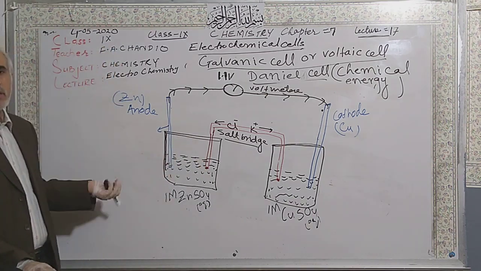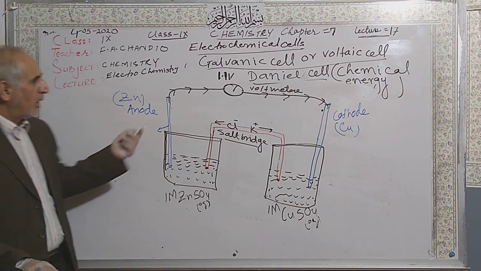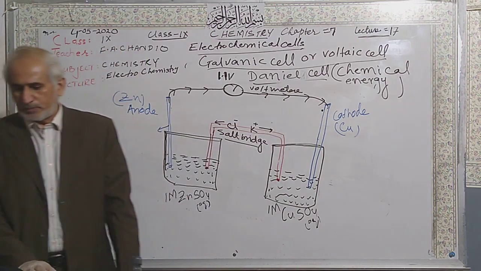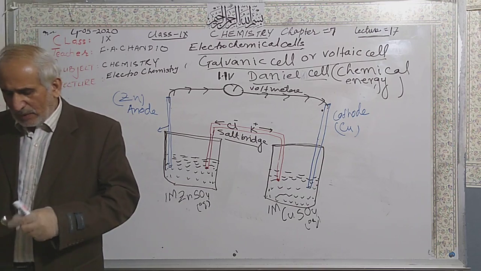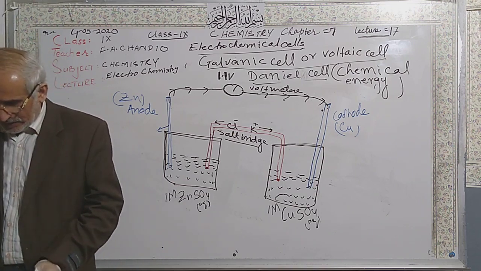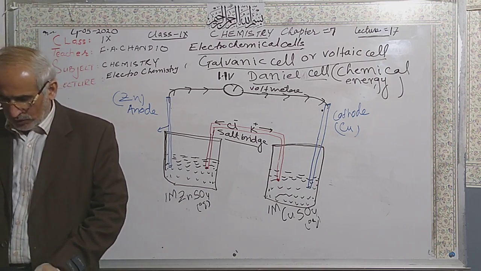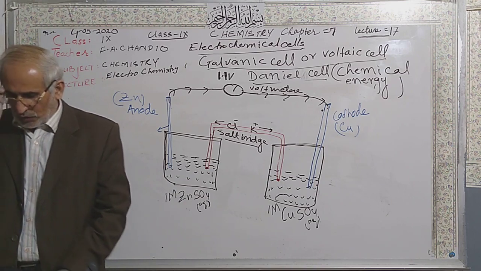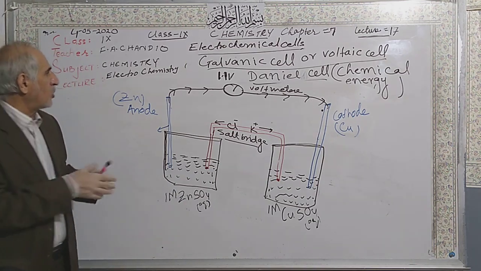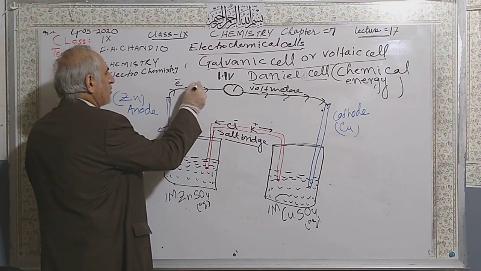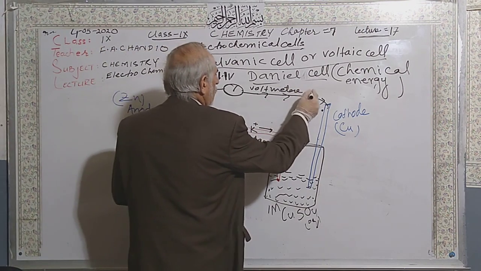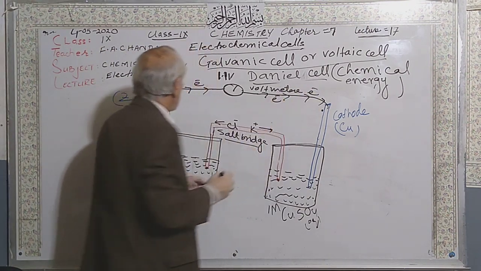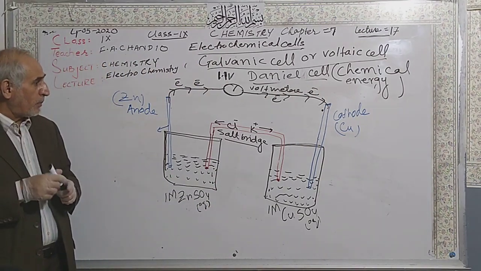Zinc is anode, must be oxidation. Copper is cathode, must be reduction. Copper acts as a cathode and zinc acts as anode. Electrons flow from anode to cathode. Students must write it like this: flowing of electrons from anode to cathode.